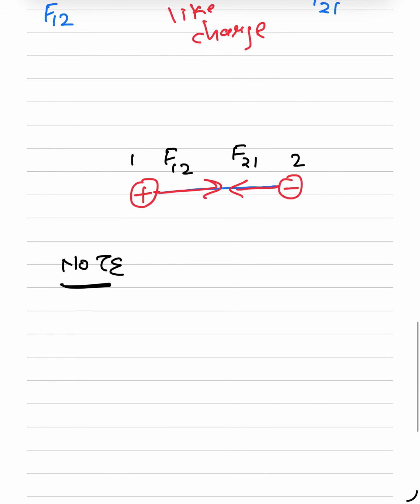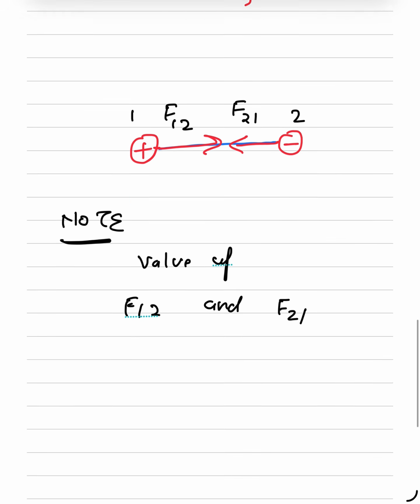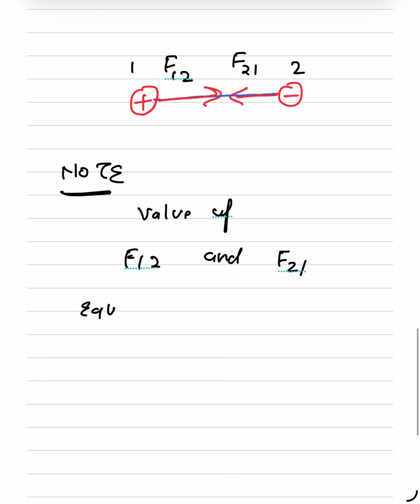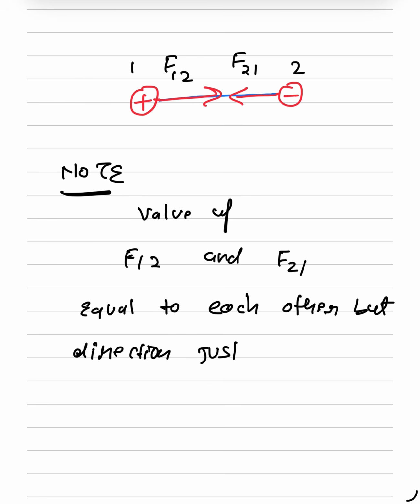In this situation, the values of F12 and F21 are equal to each other, but the directions are just opposite to each other.